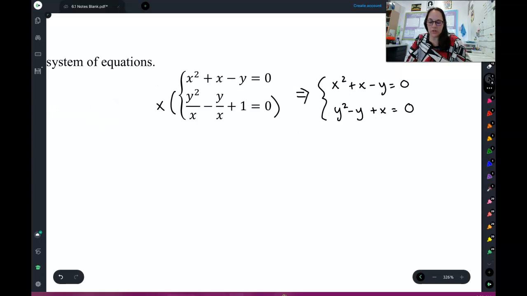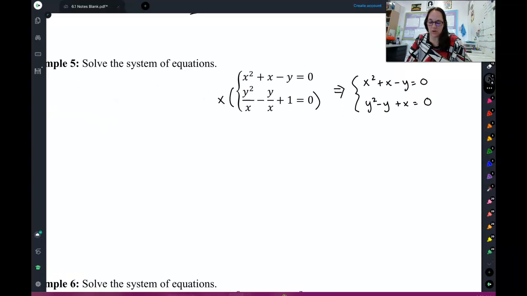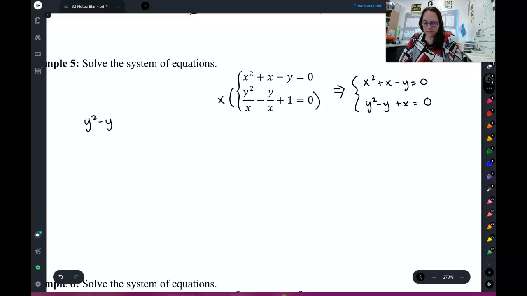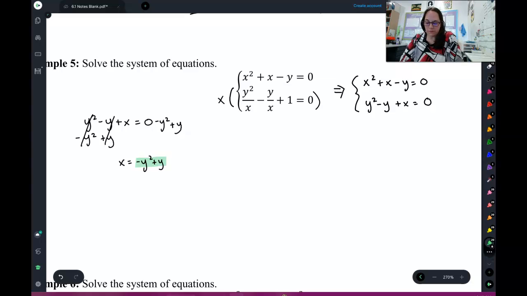So what I'm going to do is take my second equation and solve it for x. So minus y squared plus y, and now I have an equation for x, which I can then go into my other equation and substitute that equation in.